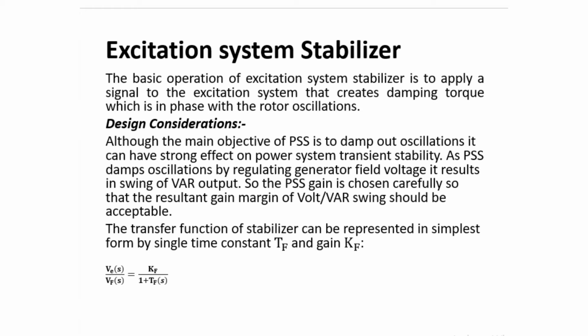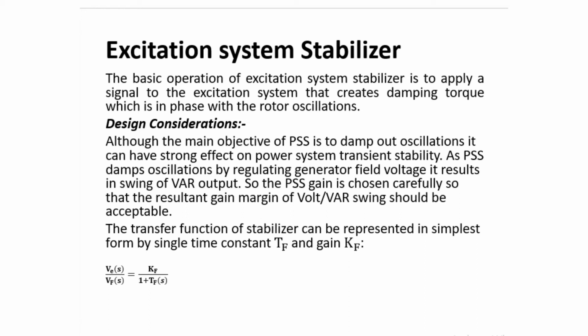But the extensive use of the automatic voltage regulator has an effect on the dynamic stability and the steady state stability of the power system, because oscillations of low frequency, in the range of 0.2 to 3 hertz, persist in the power system for a long period, and sometimes affect the power transfer capabilities of the system.